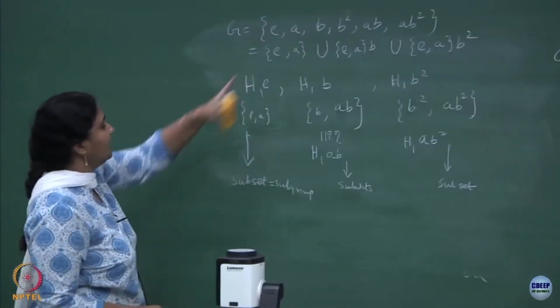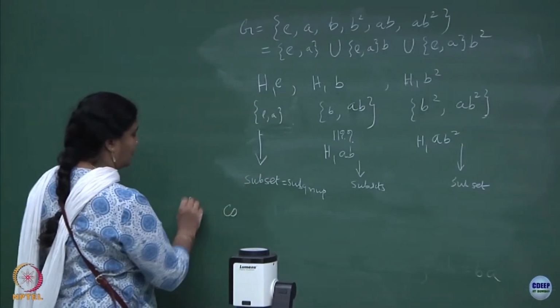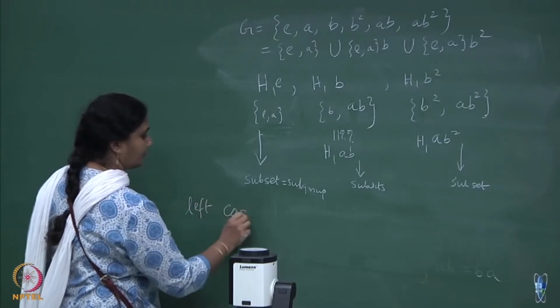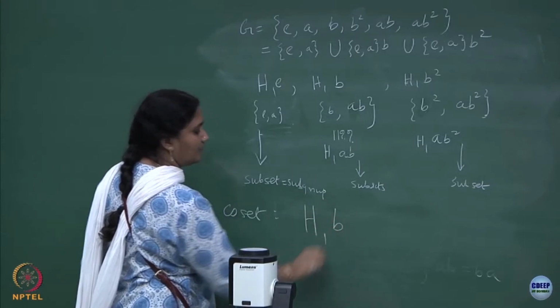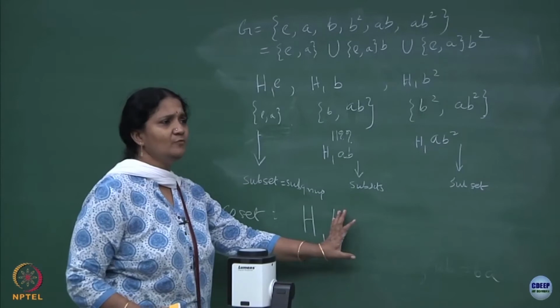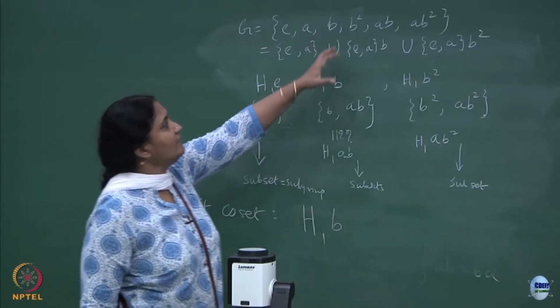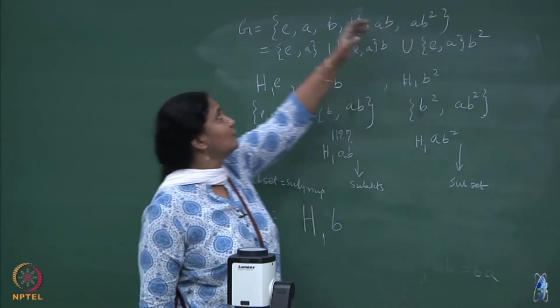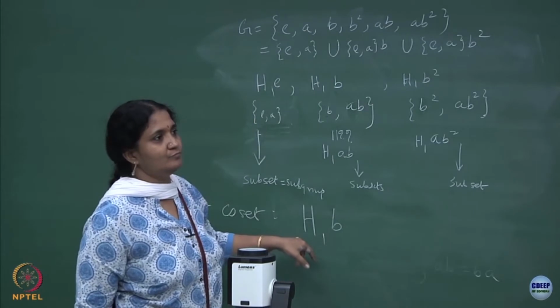and once I write this, that gives you a definition for a left coset. Left coset is: take some element of the group, say B, multiply with the subgroup. It need not be particularly B, you can take it with AB also, you can take it with AB squared. With A if you take, it does not really give you anything new.